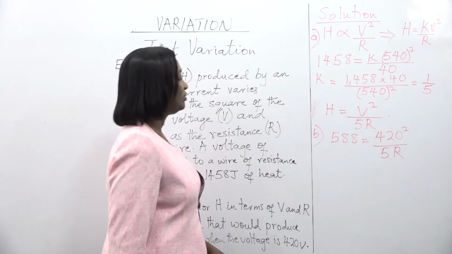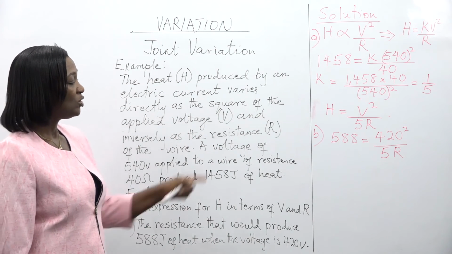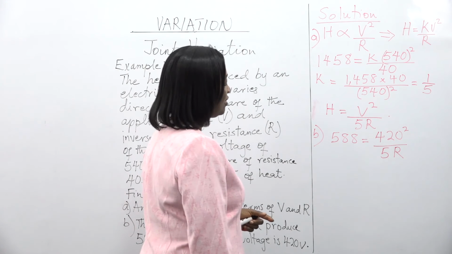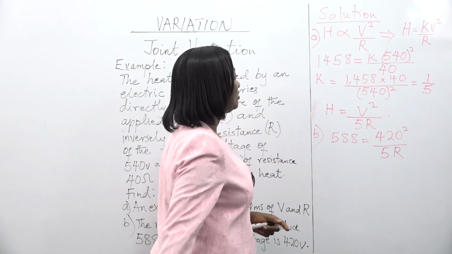All right? We're going to make R the subject. So we'll cross multiply, or we'll multiply 588 by R.